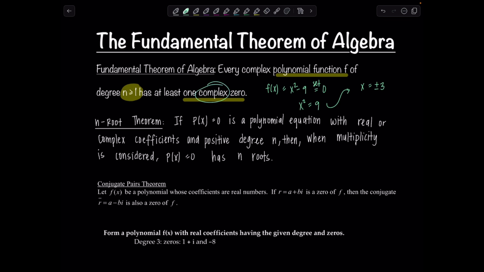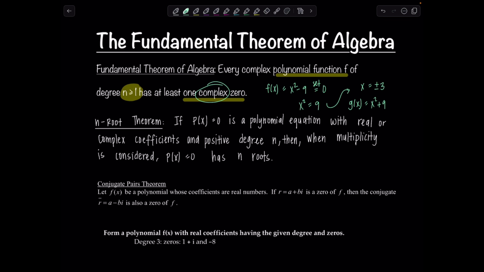And we were guaranteed a minimum of 1. Also, if you had something like g of x equals x squared plus 9, I know the zeros of that polynomial are not real. They're imaginary, plus or minus 3i, but those fall under the set of complex numbers. So this is still satisfied.